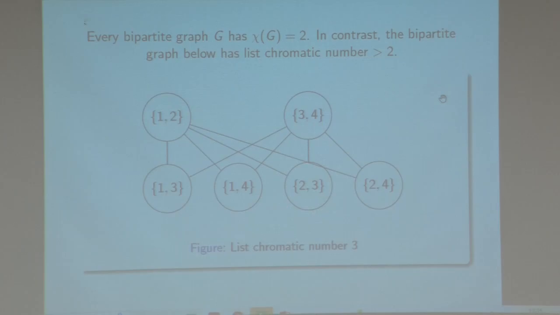What that means is this graph is not list 2-colorable. Its list chromatic number is bigger than 2, it is larger than 2. It's a kind of counterexample: on every vertex you have given a set of order 2, and this cannot be colored by choosing colors that come from that set.